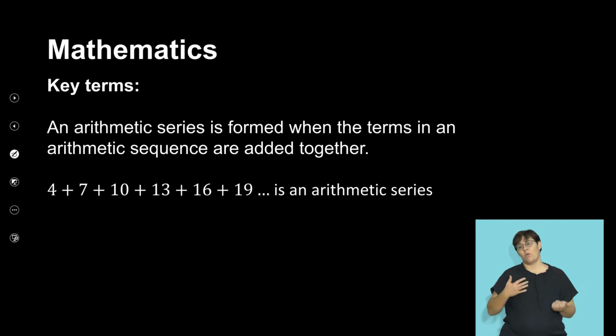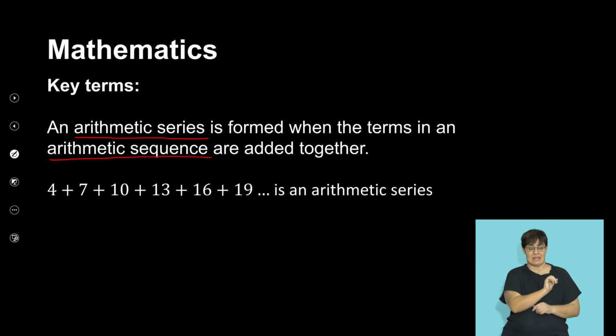If I now want to define what an arithmetic series is, please make sure, everybody, that you know the difference between a sequence and a series. Let's look at the series definition. So an arithmetic series is formed when the terms in an arithmetic sequence are added together. So please don't let this confuse you, because we've got the words series and sequence in the definition. But the main difference is that the series is an actual sum.